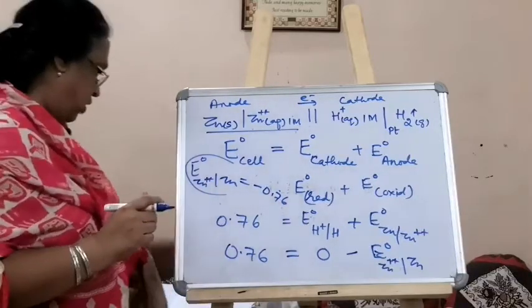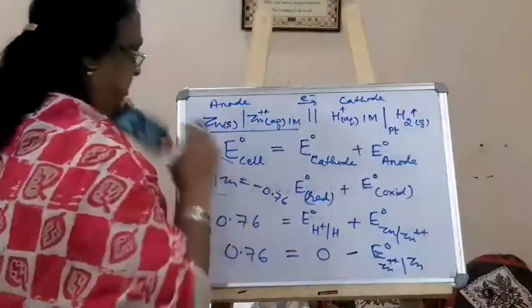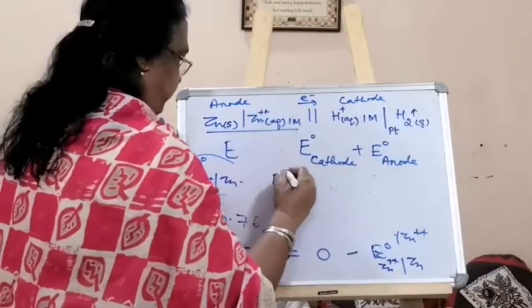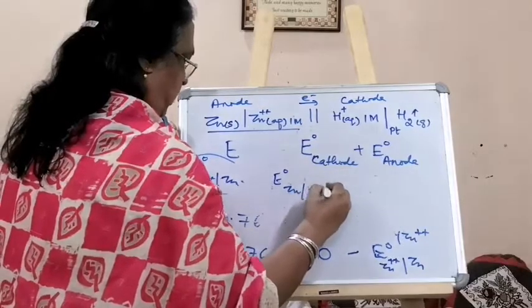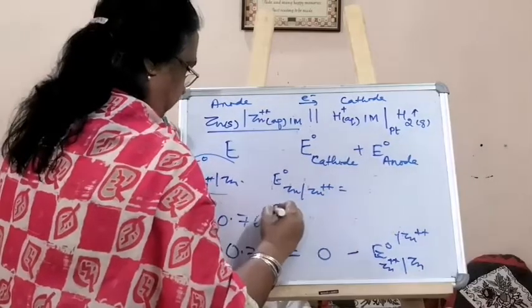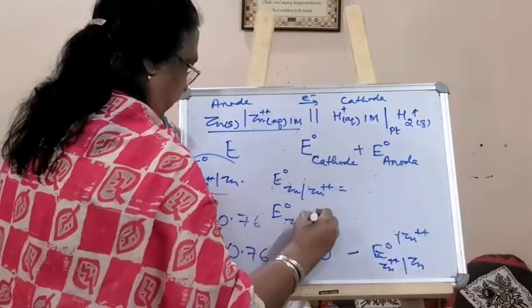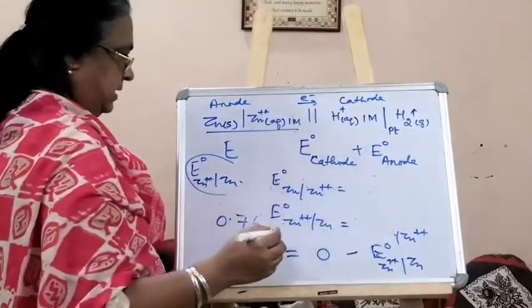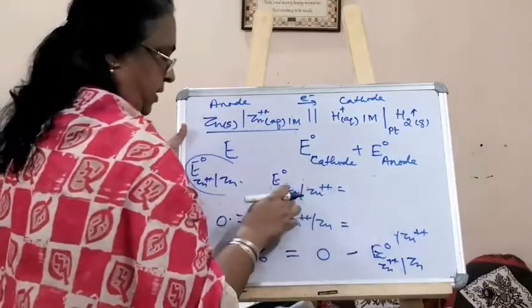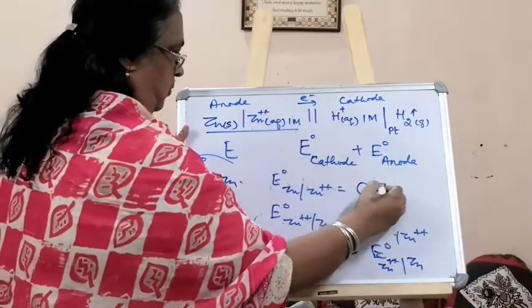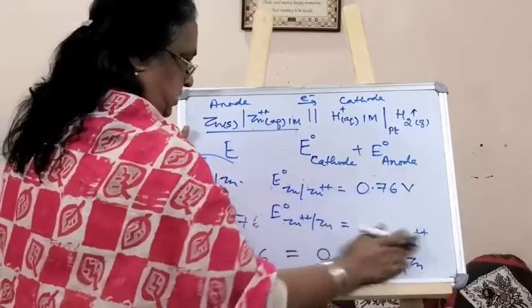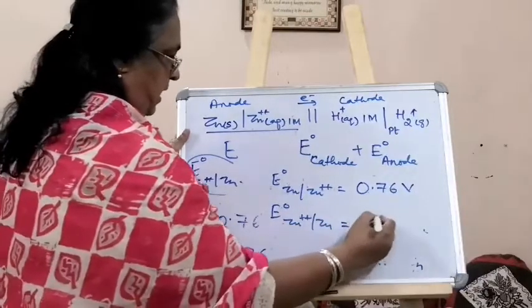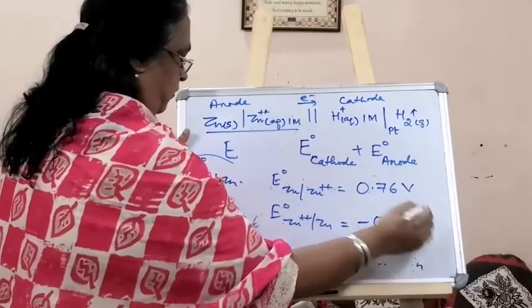So here we have got two readings which I write for you separately. That is, we have E0 zinc solid over zinc ion, and we have E0 zinc ion over zinc solid. In this case, this is your oxidation, and we got value plus 0.76 volt. And when it is reduction potential, it is minus 0.76 volt.